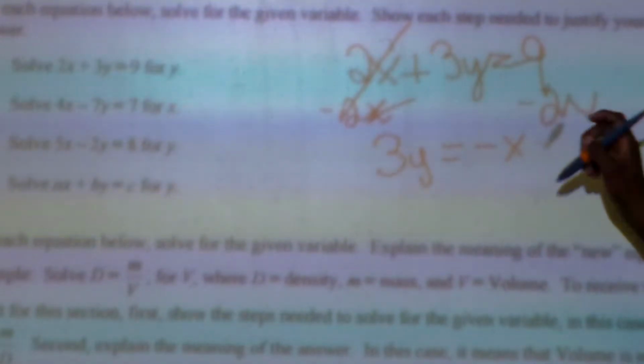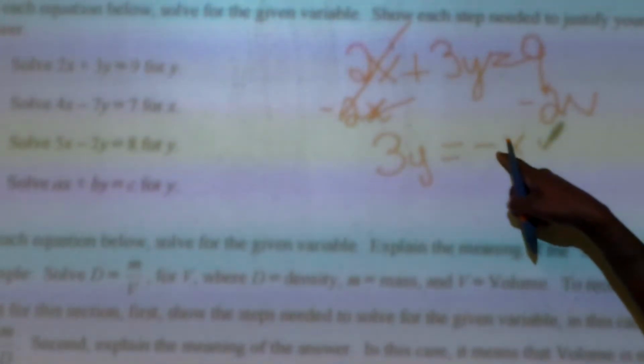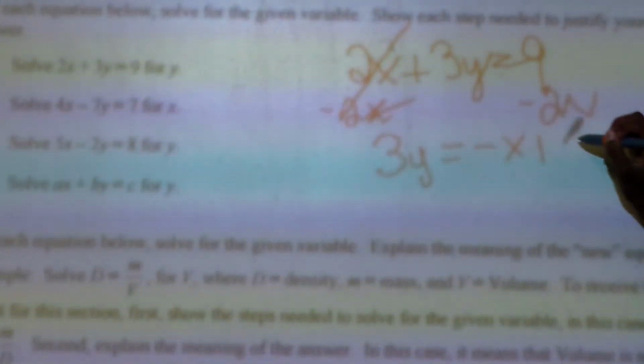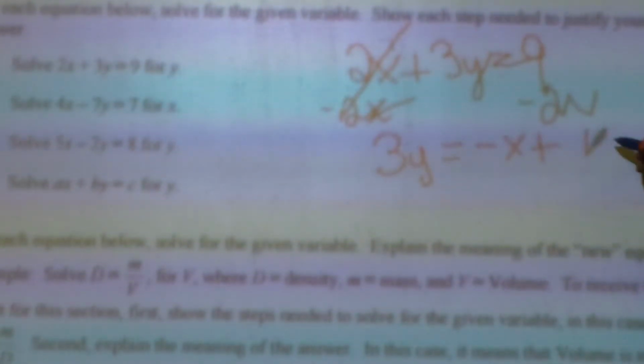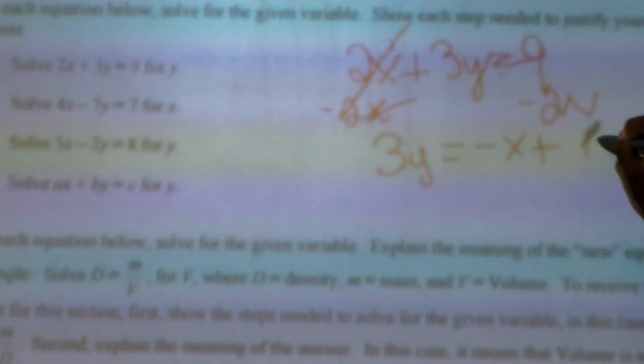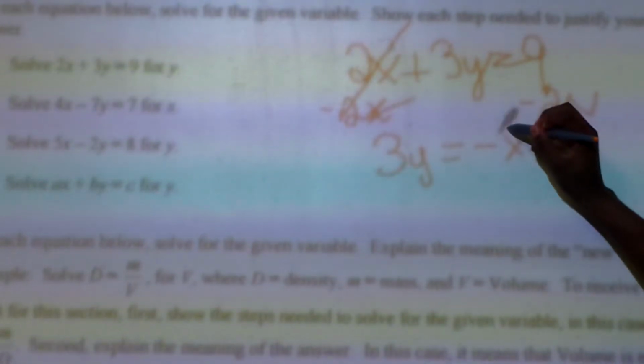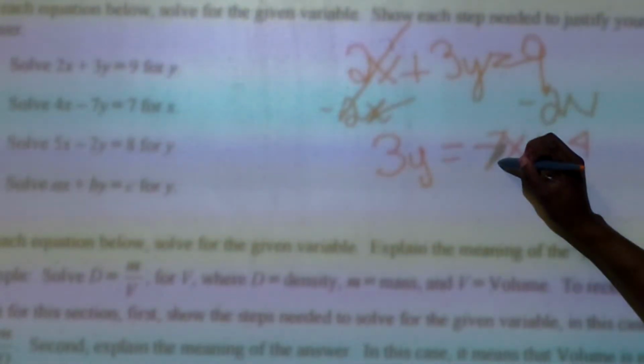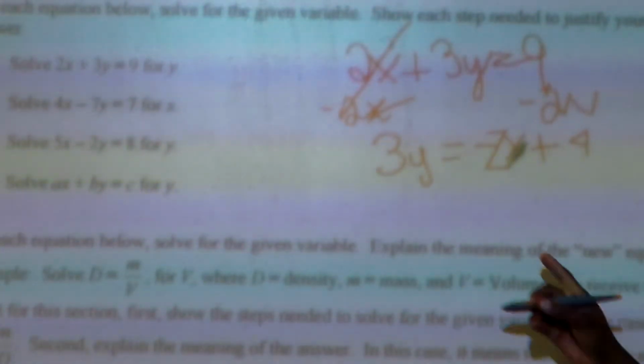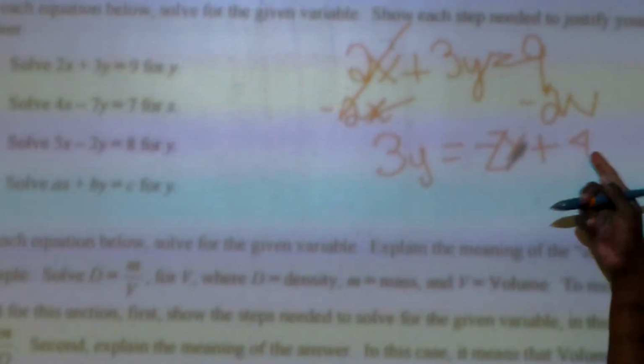I'm going to put the minus 2x in the front, and then I put the plus 9 in the back. Because when we get deeper into solving algebra equations, my pen is acting up, so it just looks a little funny. So I put negative 2x in the front and the plus 9 in the back.